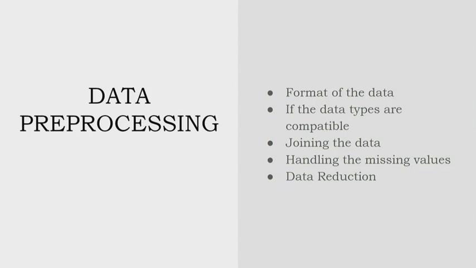And then joining the data: if you have it from multiple sources, what exactly is the joining condition that you can give in order to join the data, right? Handling the missing values: it is possible that a lot of times all the data fields are not populated with values. There will be a lot of NaNs or nulls. So how do you really handle those missing values? That is again a trade-off question. And then the data reduction.